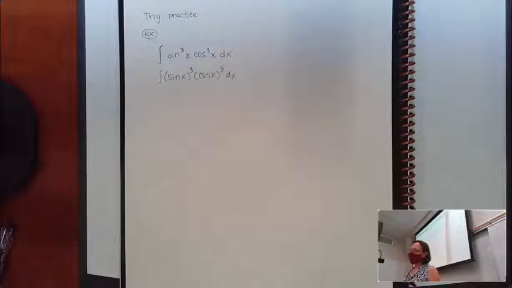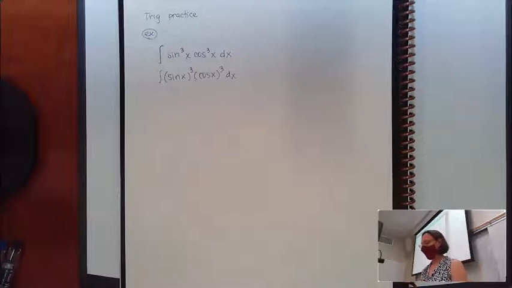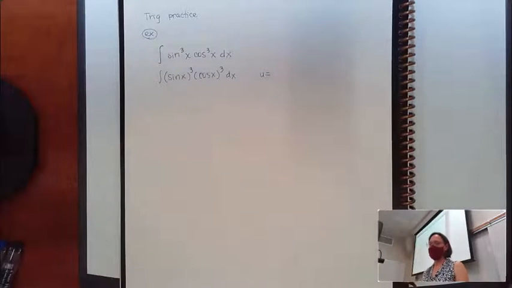So I'm looking at this, I've got sines and cosines. So I'm thinking there's probably a u substitution hiding in there for me. So if there were a u substitution hiding in there for me, what might you think of letting u be equal to? Sure.